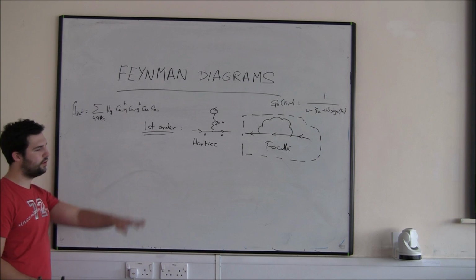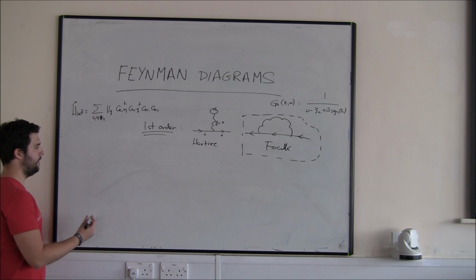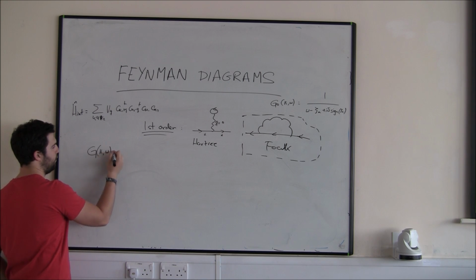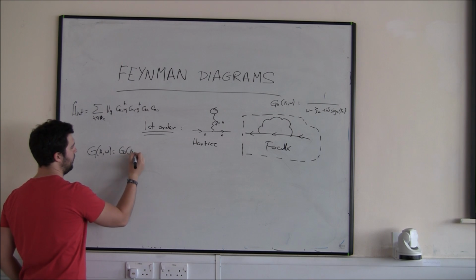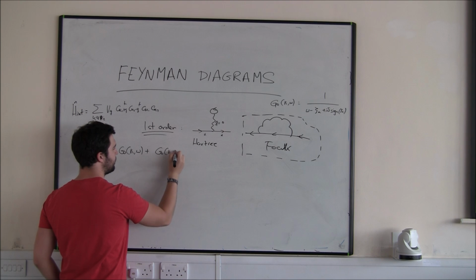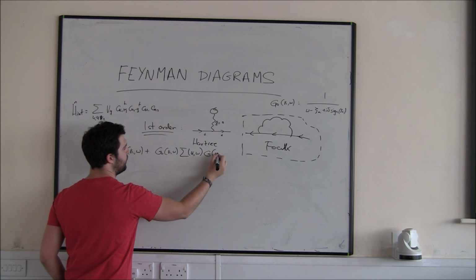But these are the two terms in first order of perturbation, and these then go into Dyson's equation. We've seen Dyson's equation as G naught of k omega plus G naught, something we call the self-energy, and then G of k omega.